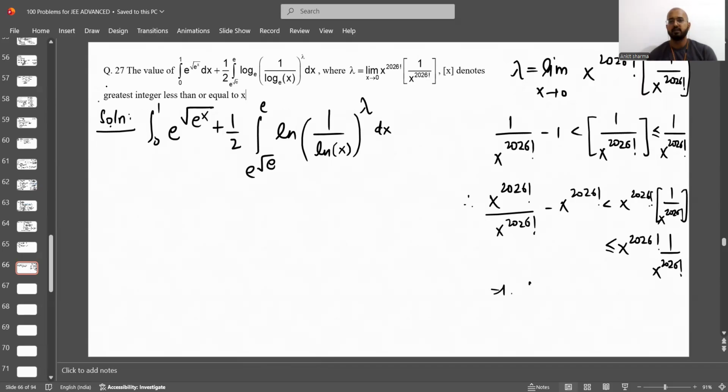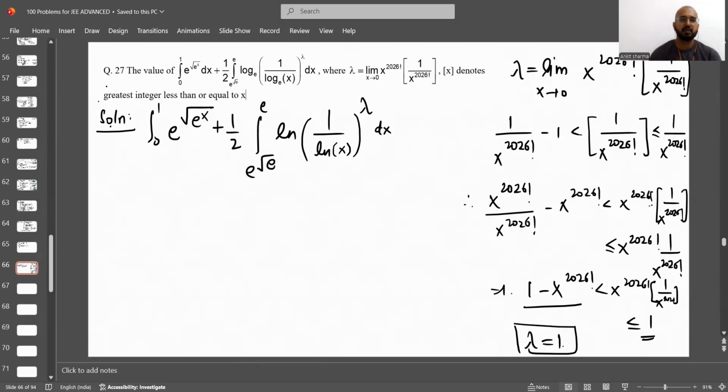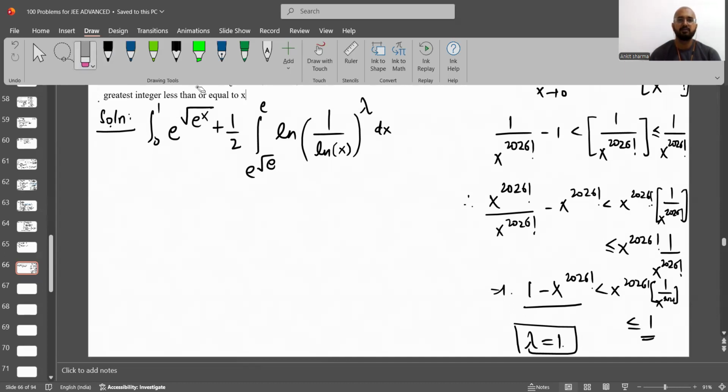So this will give me 1 minus x to the power 2026 factorial is less than the question which we are supposed to solve. So if I take the limit as x tends to 0, I get here 1. So lambda is equal to 1 by sandwich rule. Lambda is 1, so we don't have to worry about it. So I'll simply remove this.